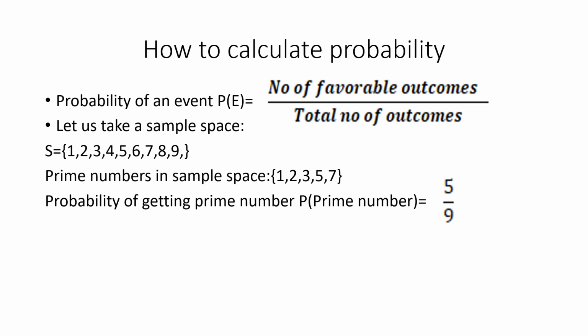So the probability of getting a prime number from a set of 9 numbers: as per the formula given, number of favorable outcomes by total number of outcomes, we'll get 5 by 9 is the probability of getting a prime number. Okay, so then in terms of ratio, you can say it's 0.55.